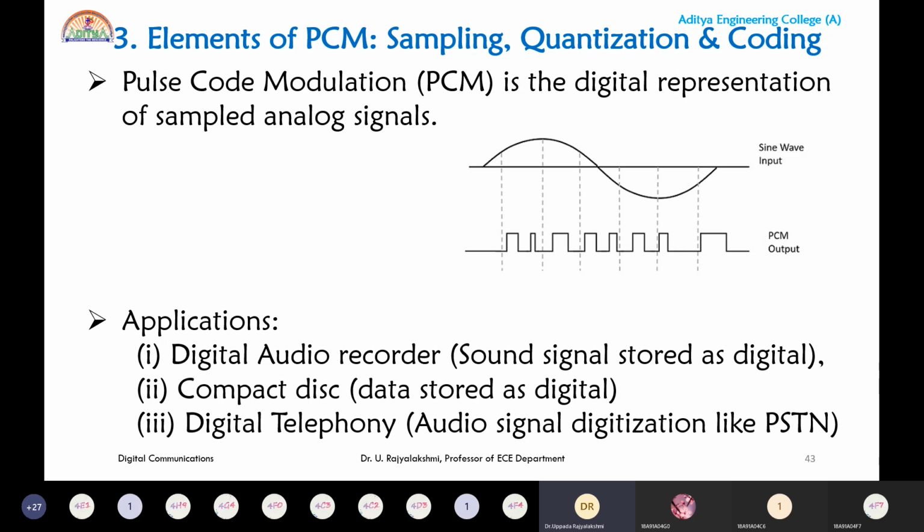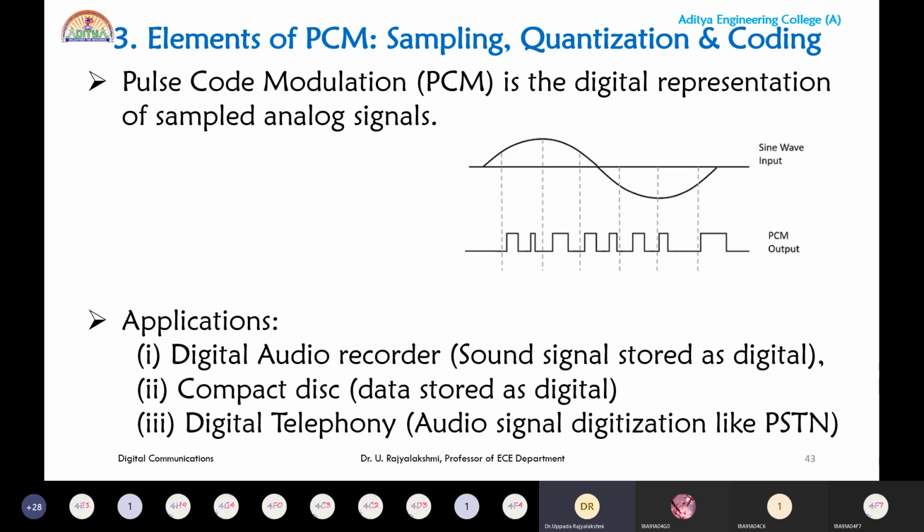The first implementation of digital telephony is the pulse switching telephone network. In the case of digital telephony, what is going on actually? In traditional telephony, the audio signal is digitized. If you make use of general mobile phones or landlines, they convert our voice signal or audio signal into a digital component.